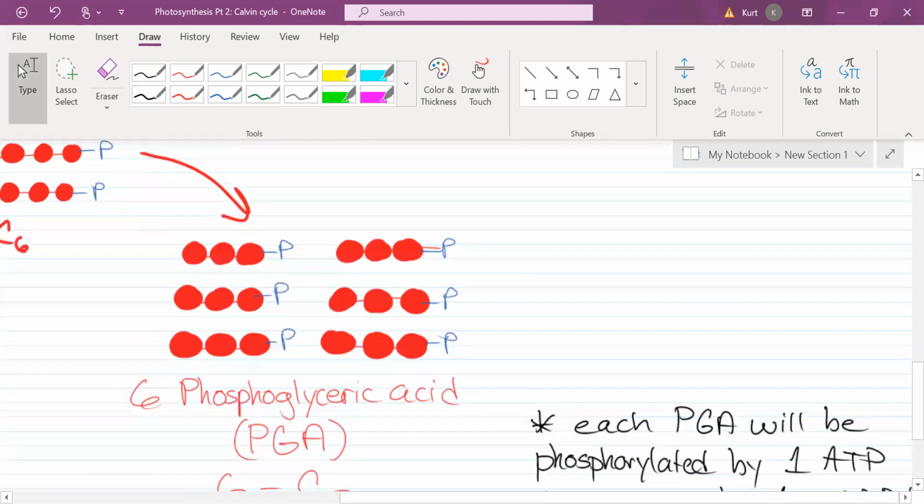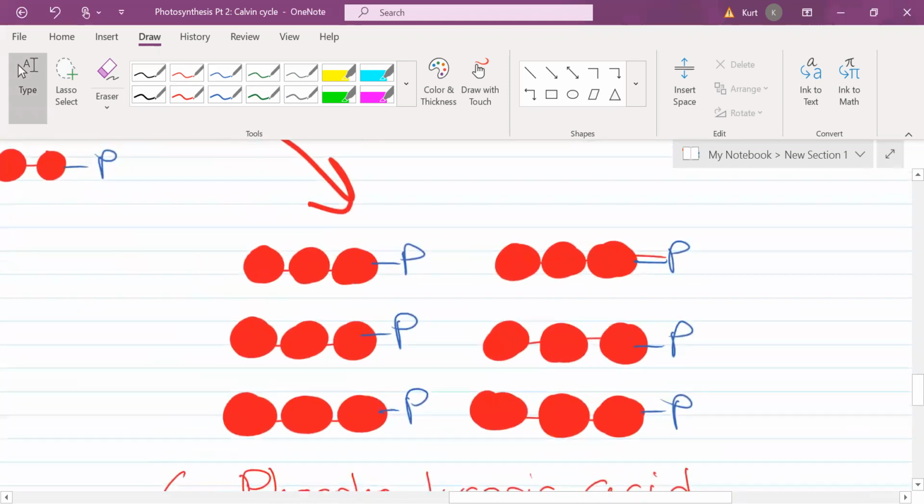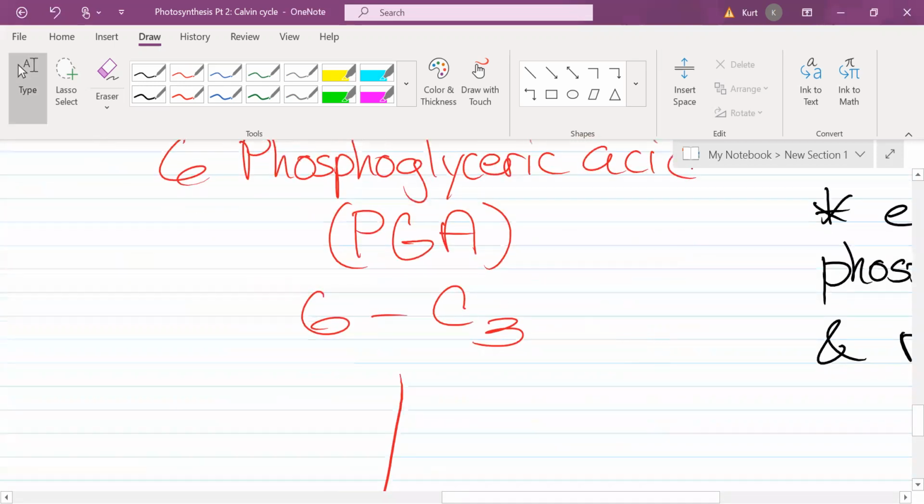Guys, how many PGAs do you see there? 6. Each of them is going to be phosphorylated by an ATP. Each. So how many ATP will we need? 6. Each of them is going to be reduced by 1 NADPH. So how many NADPHs do we need? That's my point. Each of them is going to get an ATP, and each of them is going to get an NADPH. So we need 6 of each.